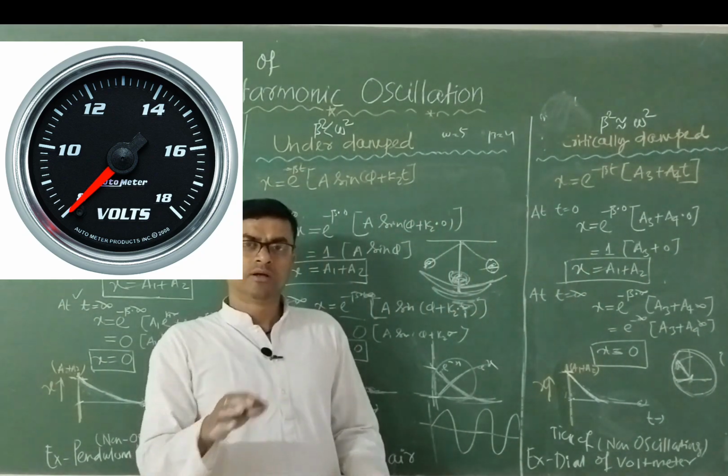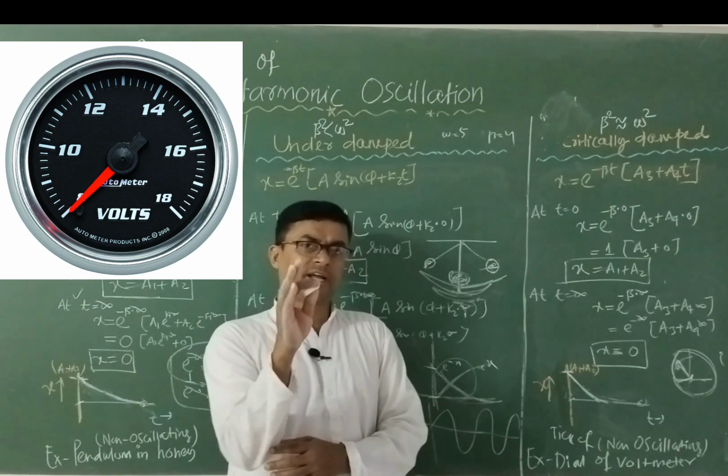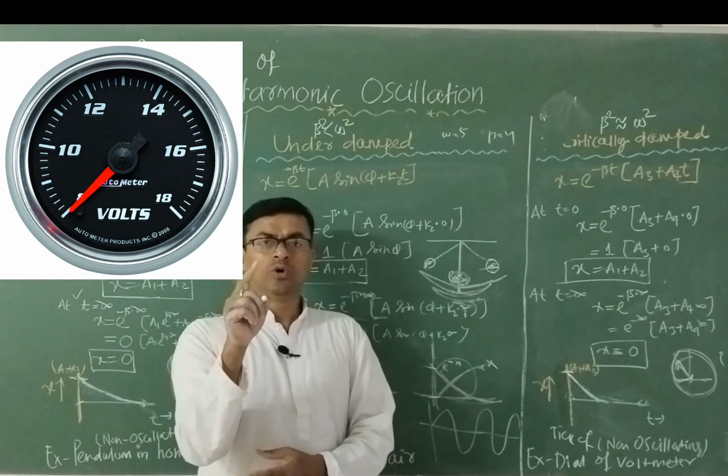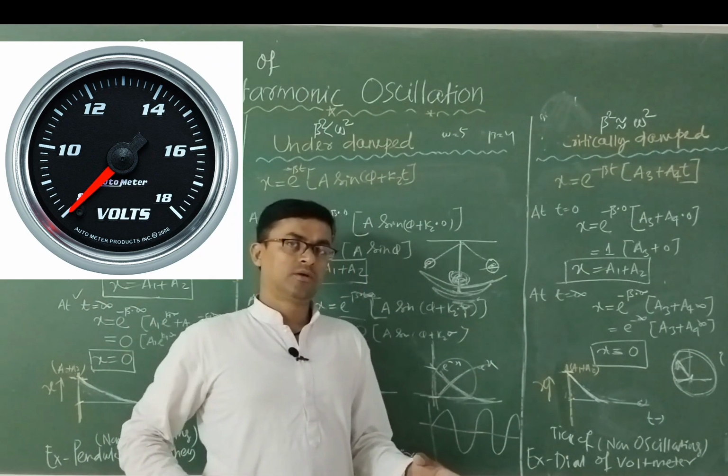It won't gradually fall. It is within a fraction of a second. When you check this voltage, it will show a value, and when you leave it, suddenly it will fall.